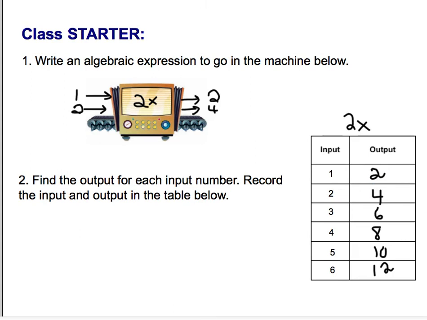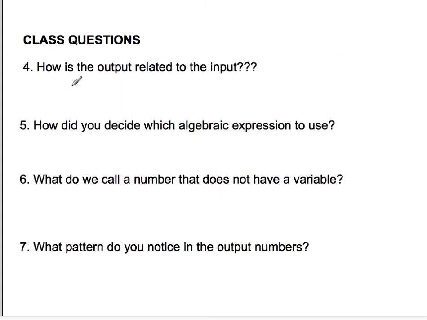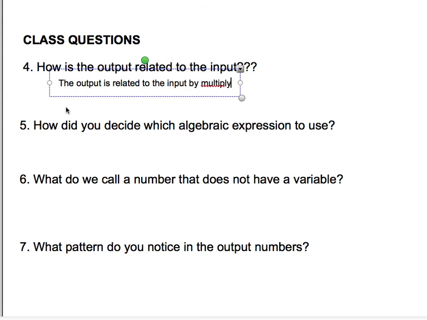Okay, let's go on and answer a few more questions. How is the output related to the input? Well, there you go. The output is related to the input by multiplying the input by 2.